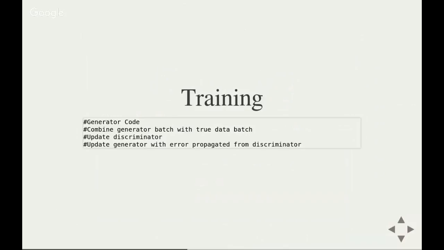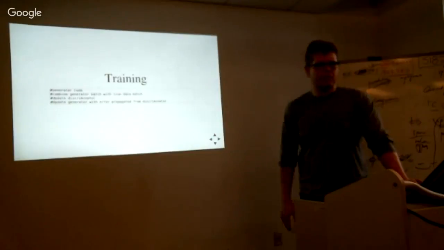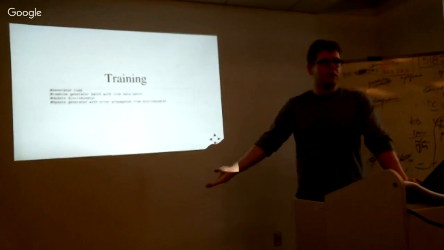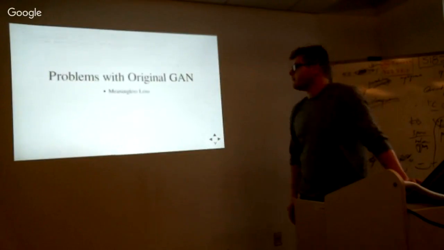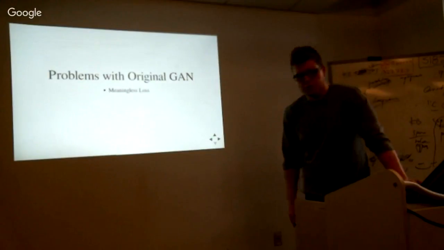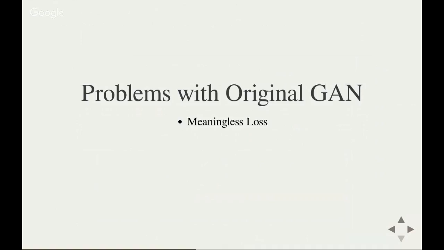Honestly, there's a lot of theory, a lot of math and diagrams of algorithms behind these things, but in practice, using these deep learning frameworks, they're not terribly difficult to implement. There are some problems, though, with this original GAN formulation that have limited them from realizing their true potential, maybe.